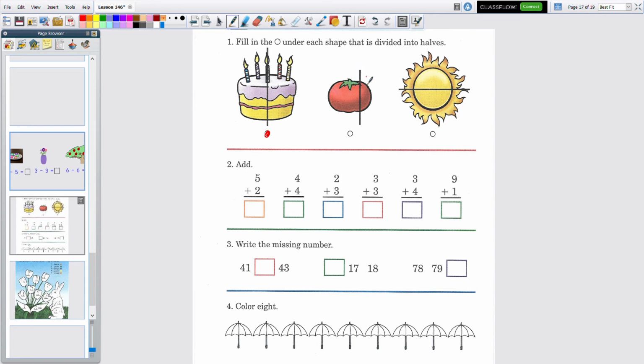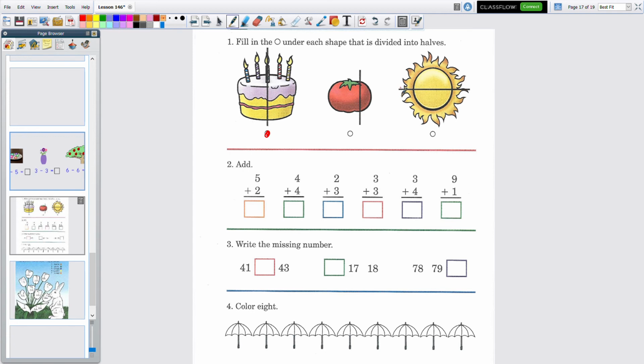Oh, tomatoes. It's cut into 2 pieces. So I'm going to take this part of the tomato and you get that part. Would that be fair? No, because they're not the same size. So they're not equal. They're not cut in half. So that's not a half. The sunshine. The sun.